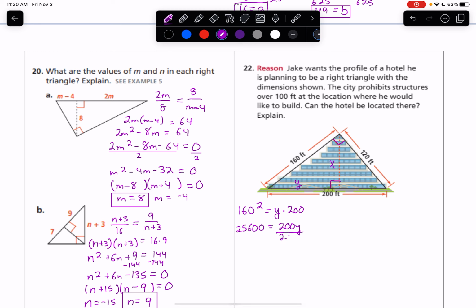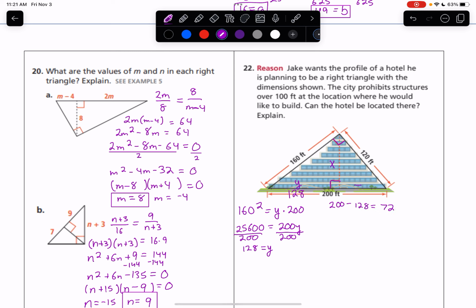Divide both sides by 200, and I get 128 equals y. So this piece of my hypotenuse is 128 units long, which means the other piece of the hypotenuse is 200 minus 128, which is 72 units.